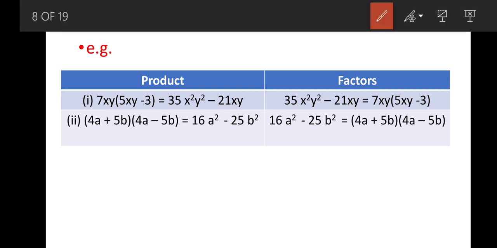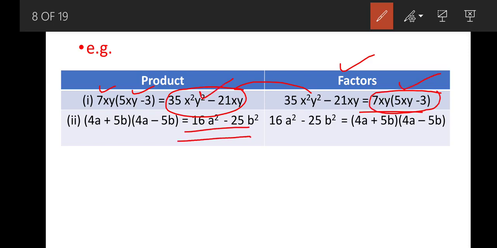Here, what I have done, these two are the factors and I have taken their product first. This is the product. Now here on this side you will observe that this can be written as 5xy into 5xy minus 7. So these two are the factors. This is basically the product and these two are the factors.